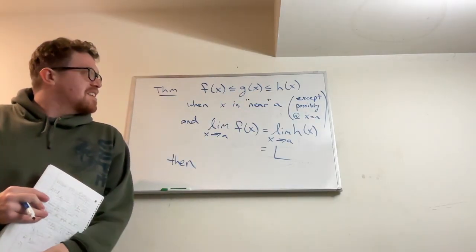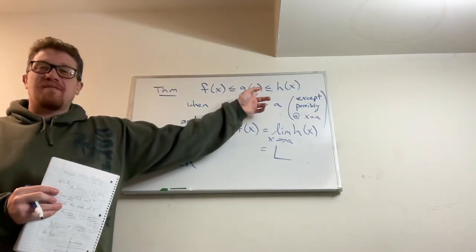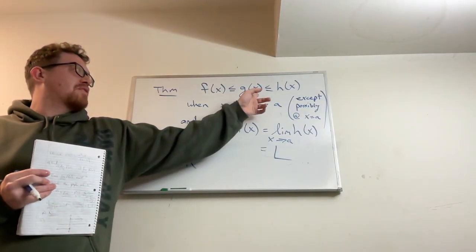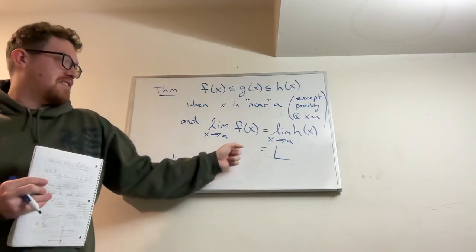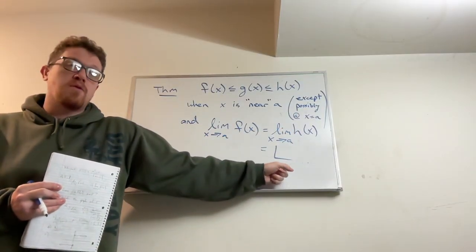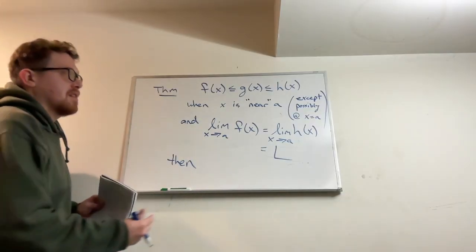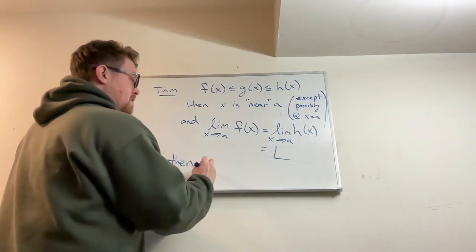I don't know if that's the common terminology, but g of x is the function that's squeezed in the middle. That function, the squeezed function, has the same limit L. So if the outside functions have a limit and they're both equal to L, it's very important that they're both equal to L, then the limit for g exists, and it's also L.